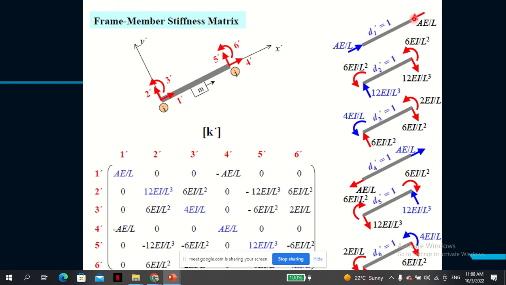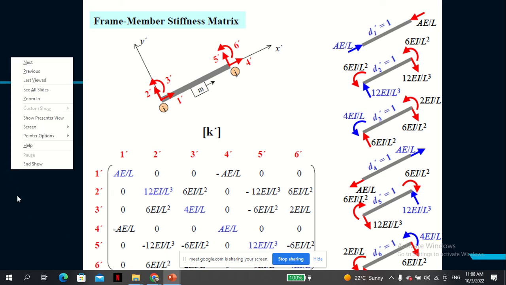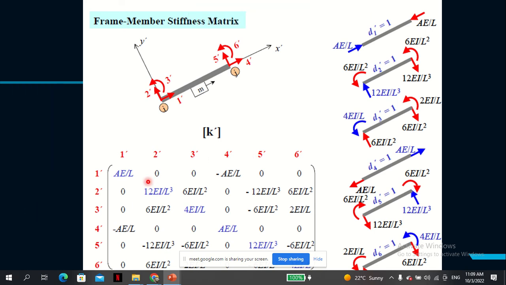P is called what? Let's see. We can derive this. This should not be a very difficult thing.